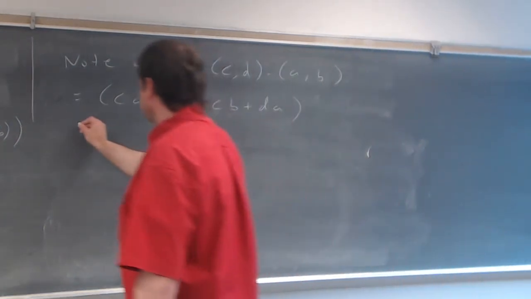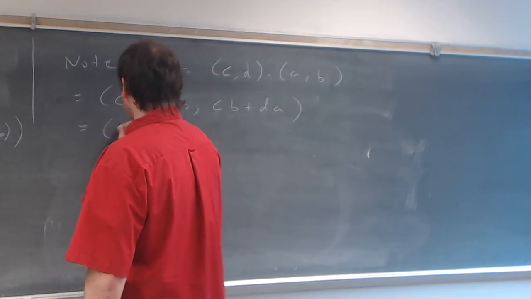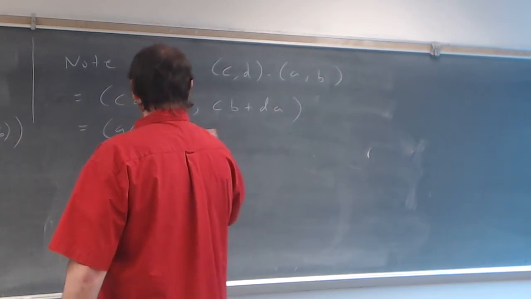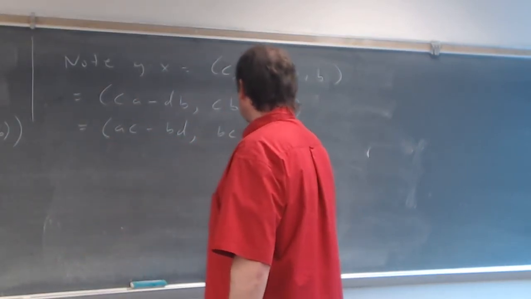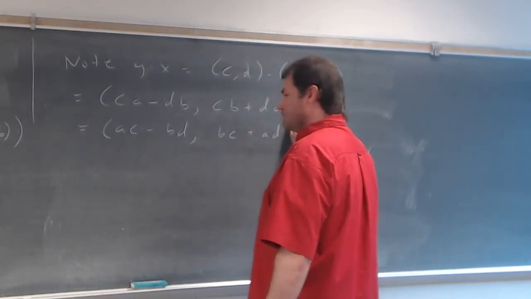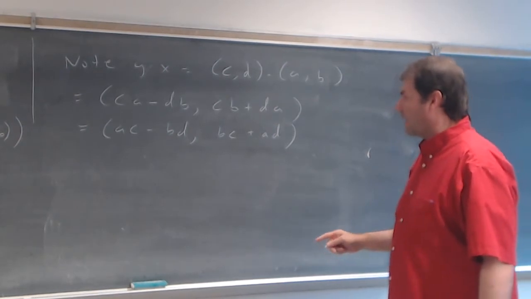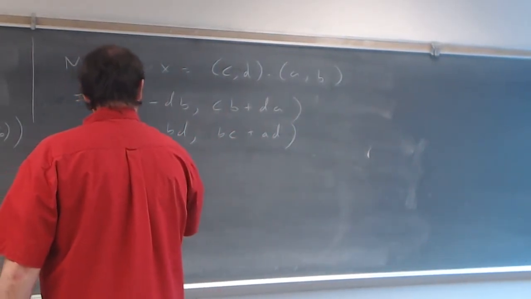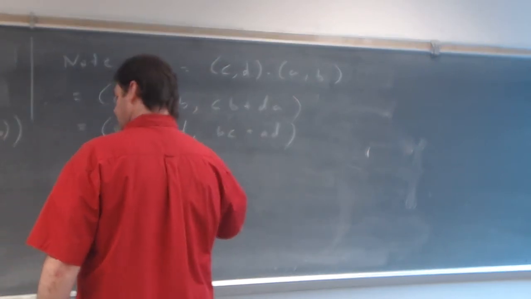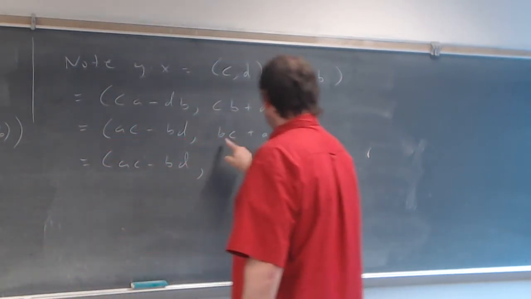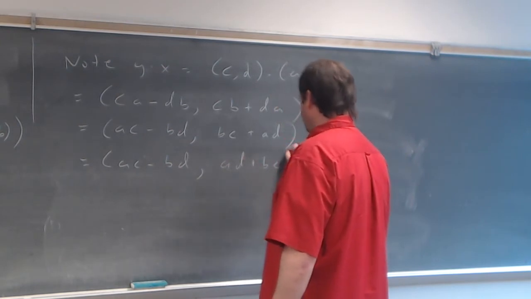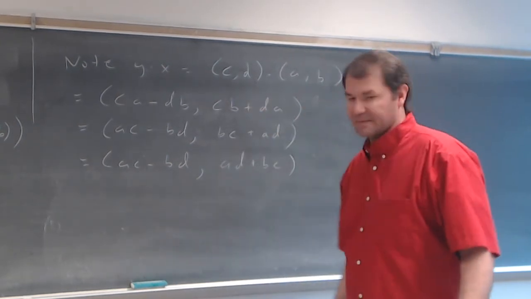These commute, so it's ac. These commute, bd, comma. This is bc plus ad. And then we rewrite that as ac minus bd, comma, and then commuting these two real numbers, that's ad plus bc, and that's what we get for y times x.